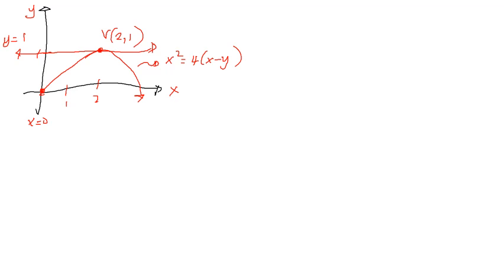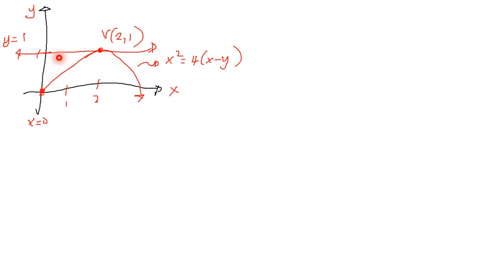So now we already have the enclosed region. We have the closed region which is located here. Why is it here? Because according to the problem, we need to get the enclosed region by the curve, which is the parabola, y equals 1 and the y-axis, or x equals 0.